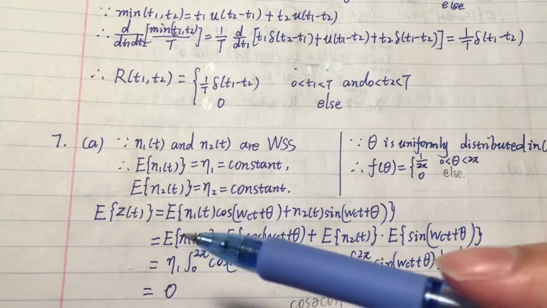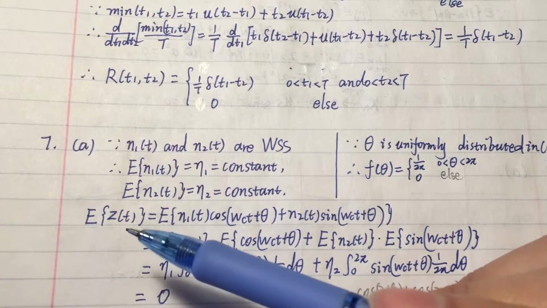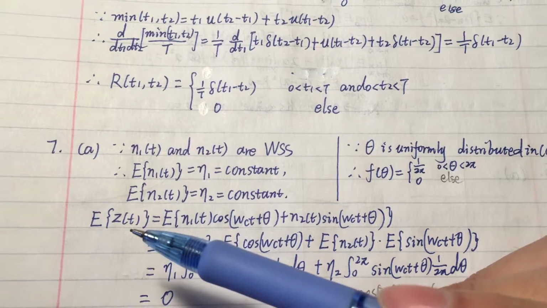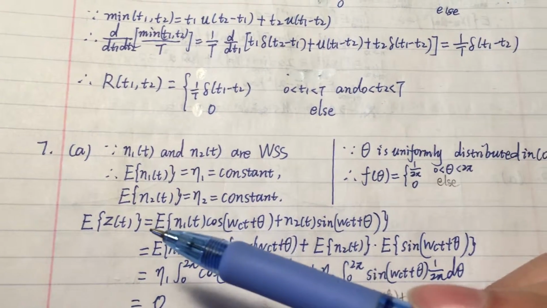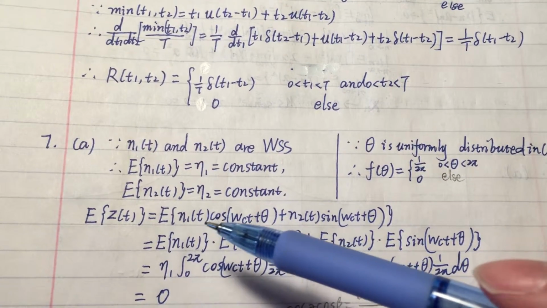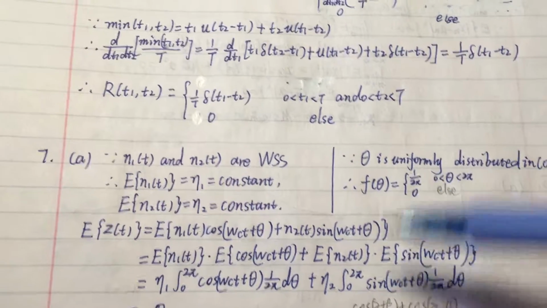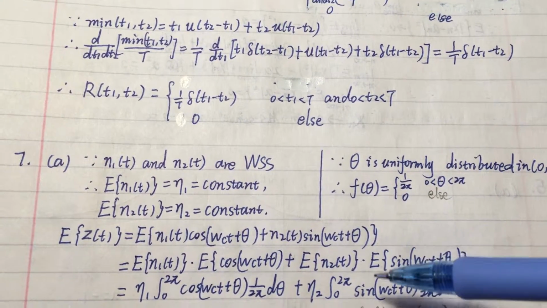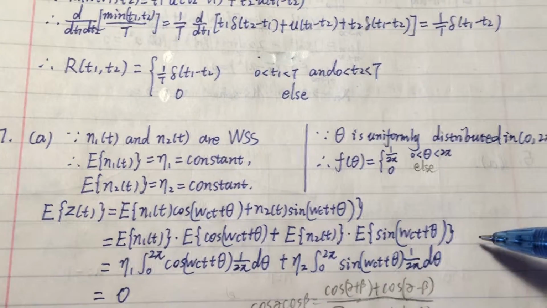So let's begin the question. The mean of gt equals the mean of the expression of gt, and through the distribution we can get this equation.